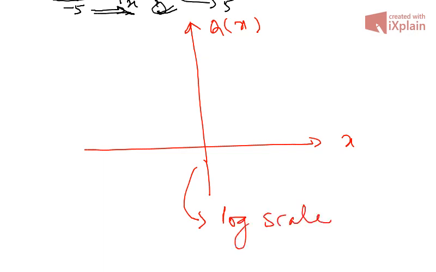If it is plotted on log scale, you would see that the curve appears like this, from -5 to 5, starting from 1. So the vertical scale is now plotted as a log value. On the logarithmic scale, Q(x) is a monotonically decreasing curve.